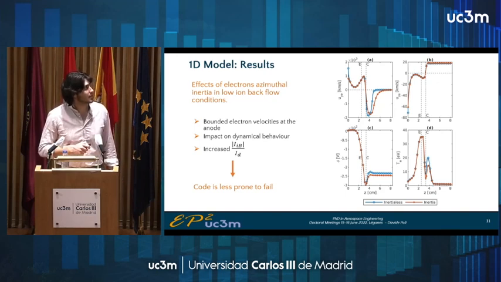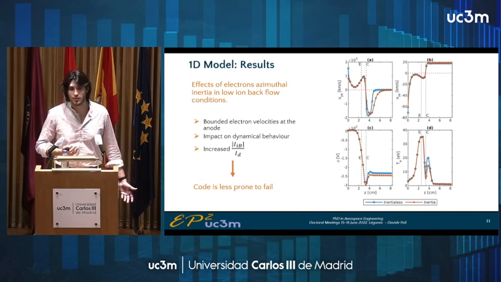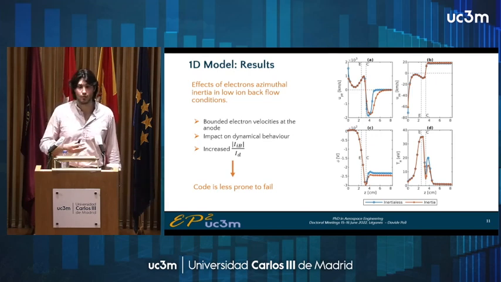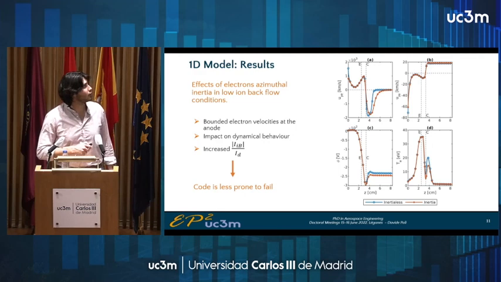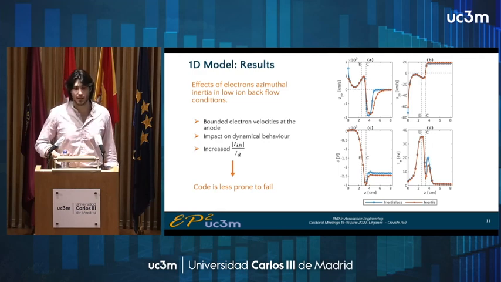The azimuthal and axial electron velocities are bounded, and their energies are bounded as well. This means that on the dynamical behavior, the oscillation will be damped faster, and actually, this helps also the code not to fail, because these one-dimensional codes are not meant to work in a reversed sheath or no sheath condition. So if we mitigate this effect by introducing electron inertia, we make the code more stable, especially when breathing mode occurs.